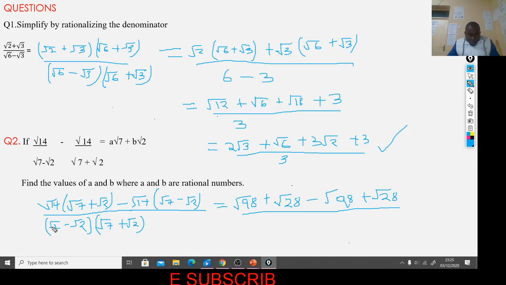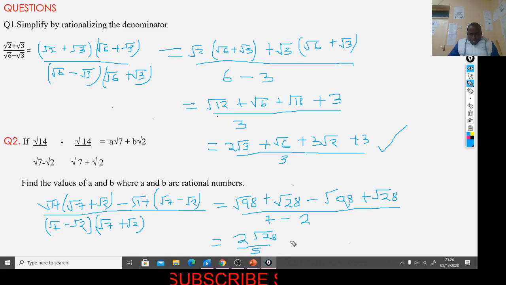All over, remember, I've said this squared minus this squared, which is 7 minus 2, which gives you 5. This will be equal to root of 98, and root of 98 becomes 0, and root 28 plus root 28, it is 2 root 28, all over 5.